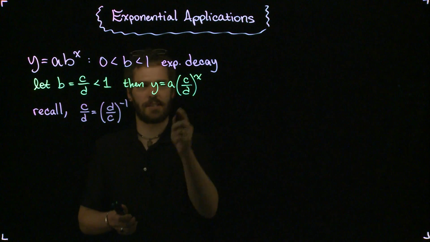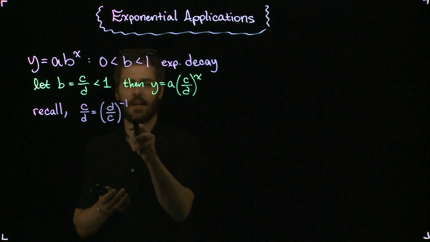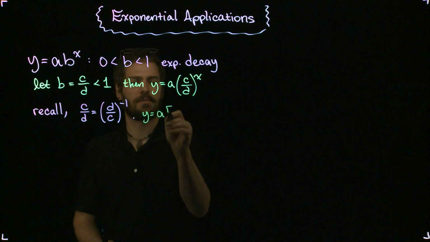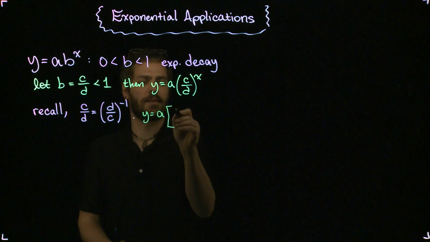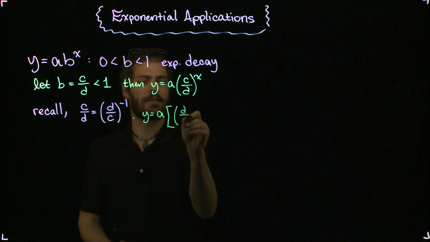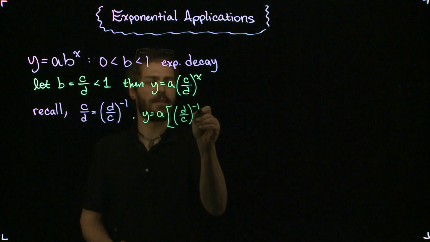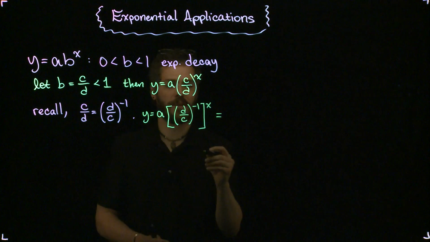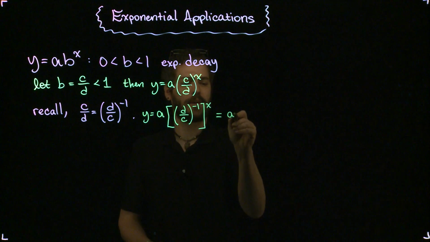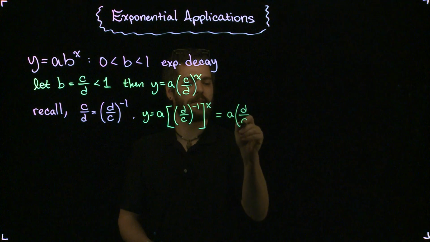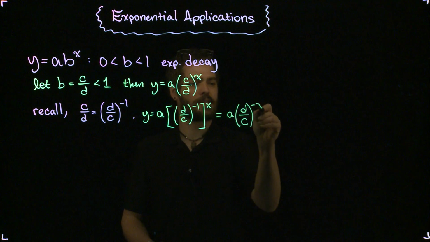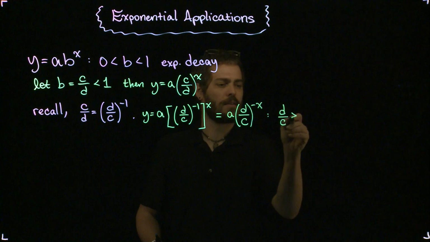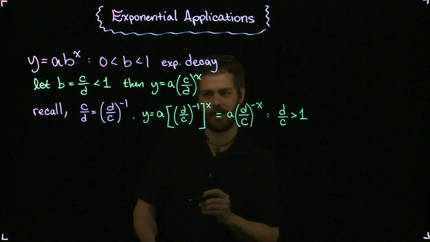So I'm going to go ahead and change this to that so that we get y equals a times, I'll use the parentheses, d over c to the negative 1, and all of this is to the x, which can also be stated as a times d over c to the negative x, where d over c must be greater than 1.